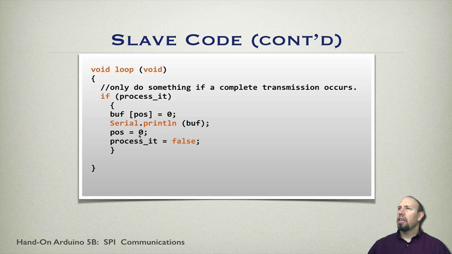Then it's going to reset the position and also reset that bit. This is going to allow us to print out, or display on the console, the serial monitor, what was in the buffer.